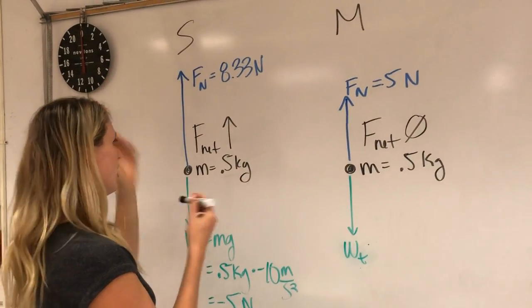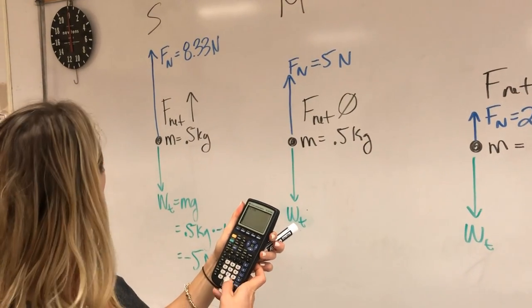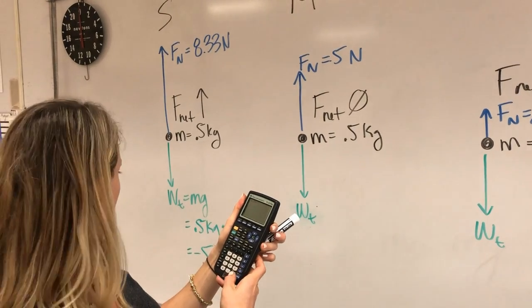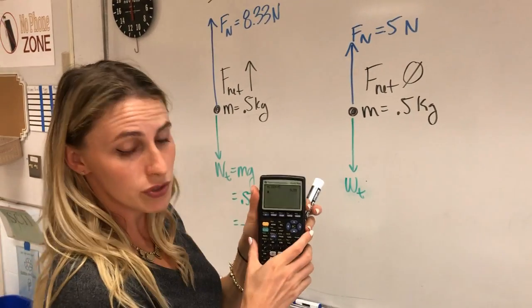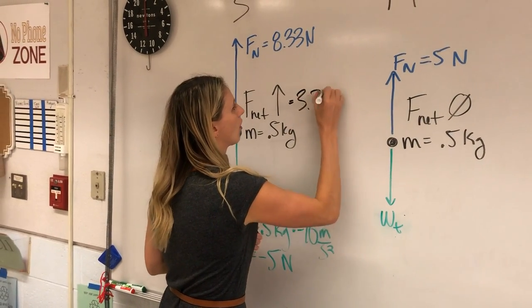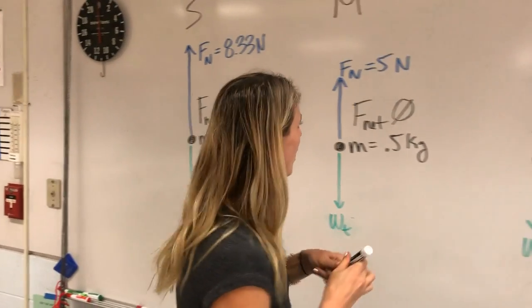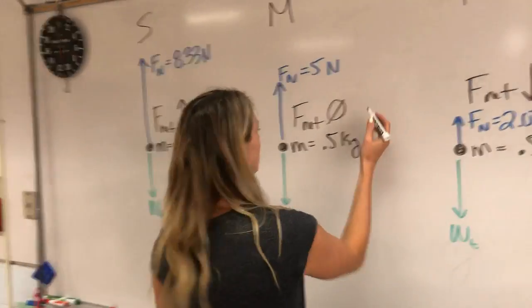That's what sum means. So 8.33 plus a negative 5 gives 3.33 newtons, which makes sense. This one, nothing: 0 newtons.